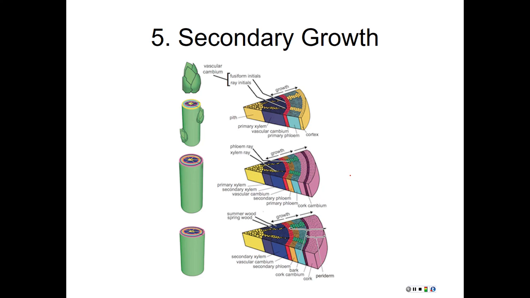Okay, so finally I want to talk about the last point, secondary growth. Seed plants are the first to possess this type of growth, and it's all thanks to a tissue called a lateral meristem.